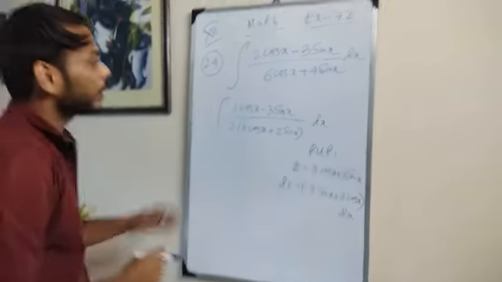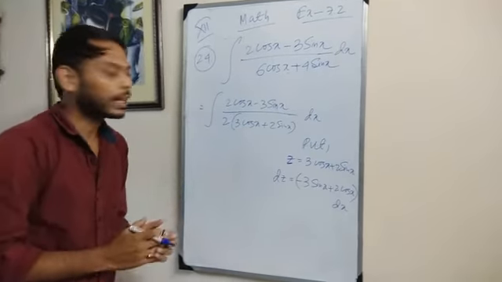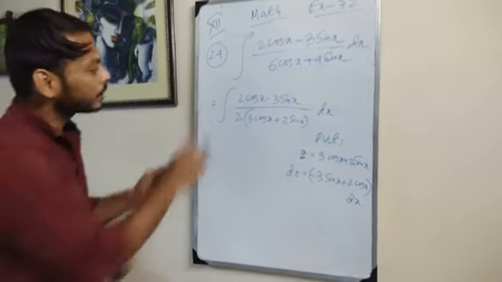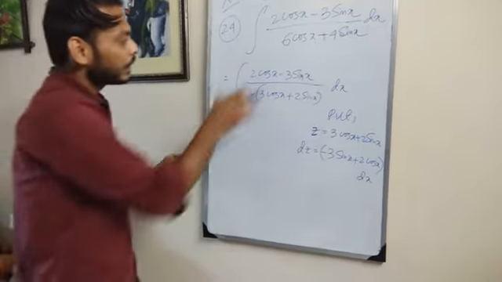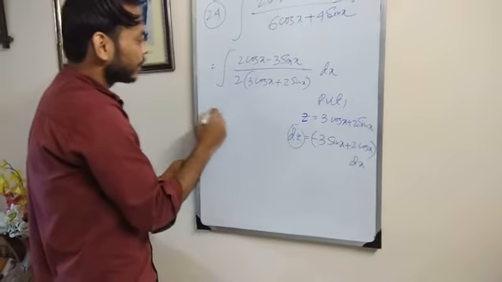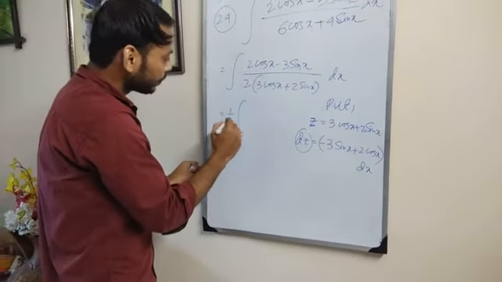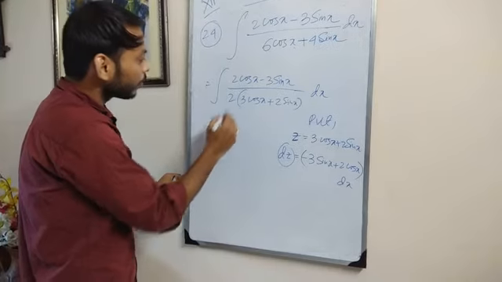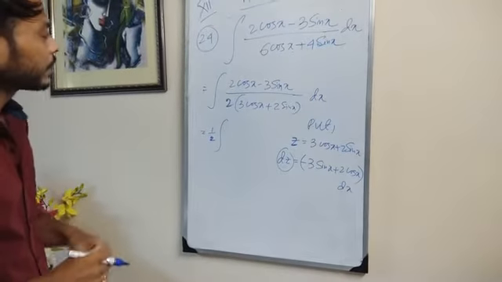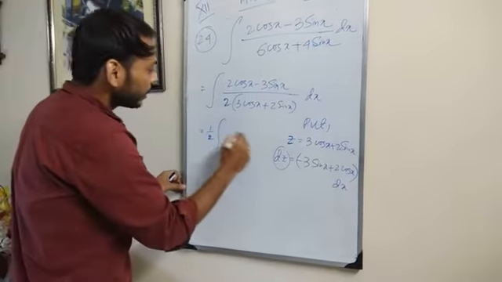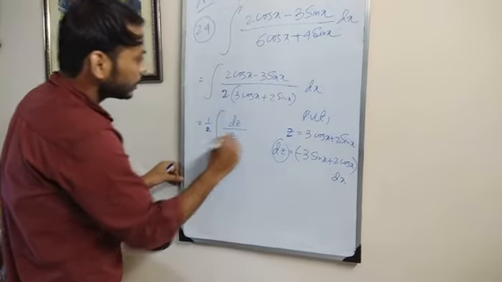That means you can see clearly from the board that the numerator portion, that is 2 cos x minus 3 sin x and then dx, is totally replaced by dz. That means 1 by 2, the 2 already present in that line, is out of the integration sign, that is 1 by 2, then dz by z.